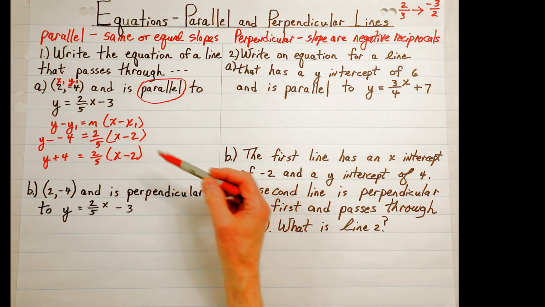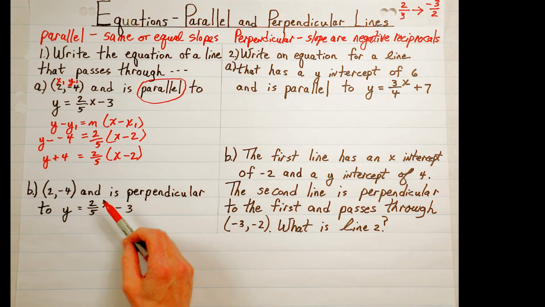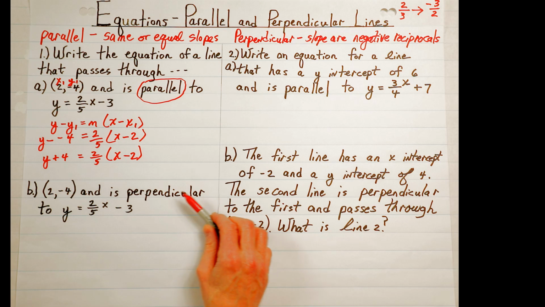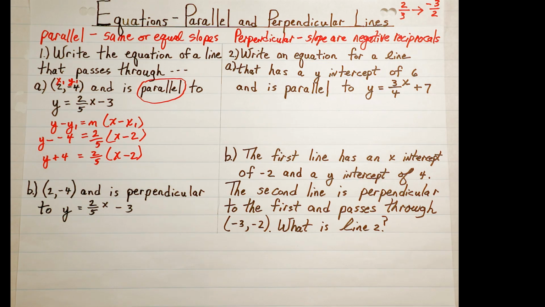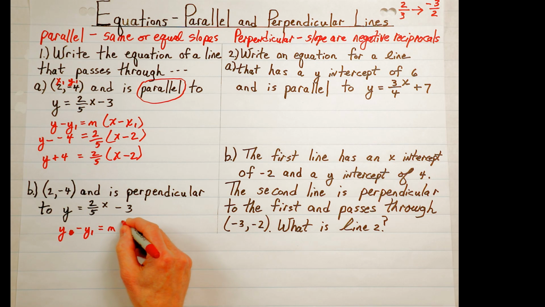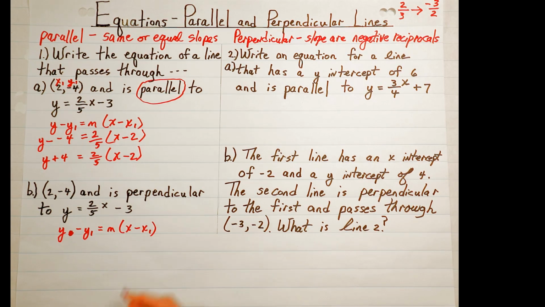1a. Now with 1b, it's basically the same question, but instead of a parallel line, we're going to find a line that is perpendicular to this one. We're using the same point, (2, -4). So I'm going to start off the same way. y minus y1 equals m times x minus x1.